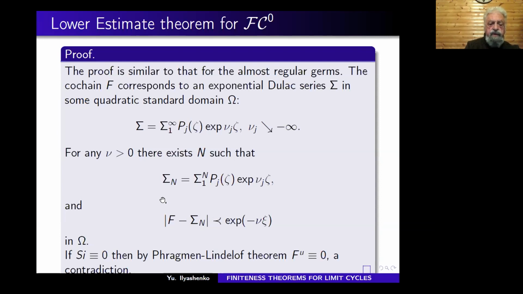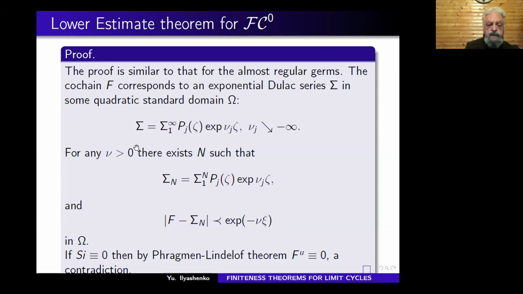And this partial sum may be estimated from below by a decreasing exponential. If there is no such partial sum, if all such partial sums are zeros, then the series sigma is zero.